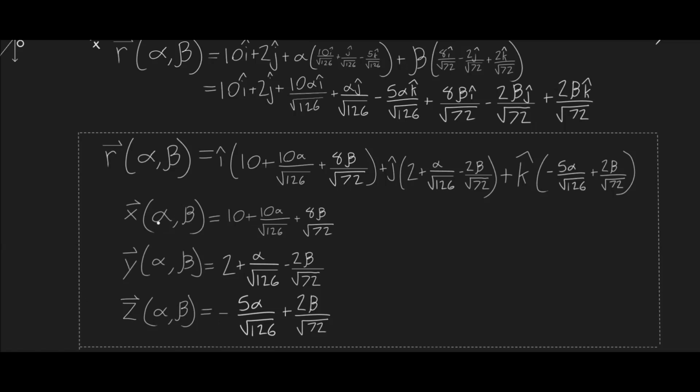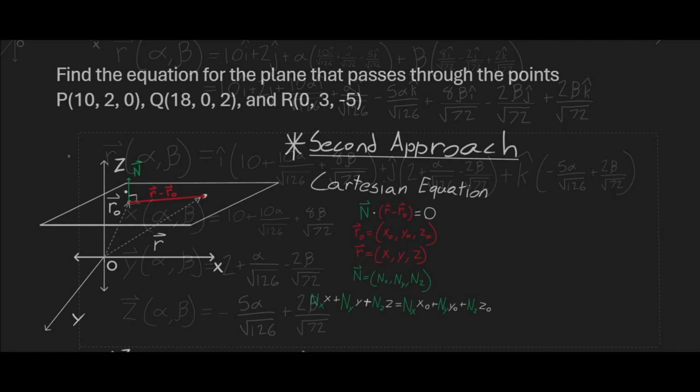And remember that alpha and beta range from negative infinity to positive infinity. So as alpha and beta change, you're moving along the plane. So yeah, that's how you can get the equation for the plane using the first approach. Now let's go ahead and look at the second one.